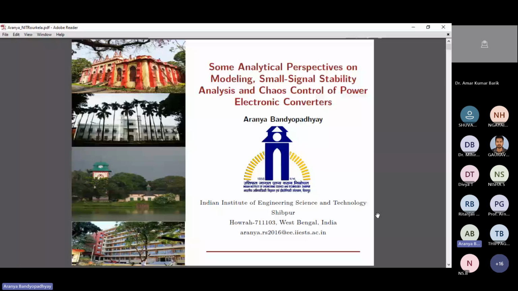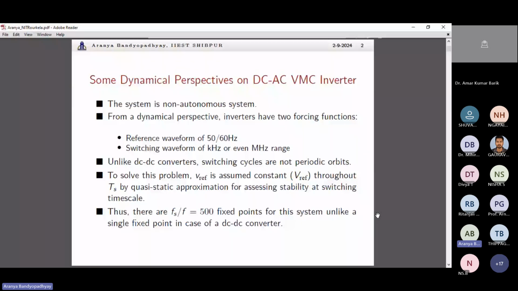Now let us delve something deeper. Let us just consider the case of the DC to AC voltage mode controlled inverter. Now, there are various ways to look into a power electronic converter, right?